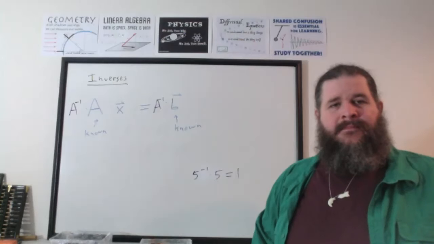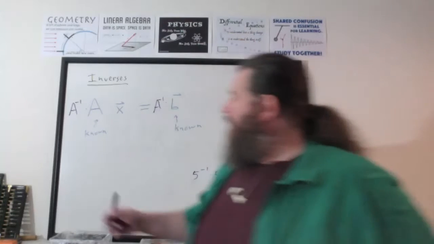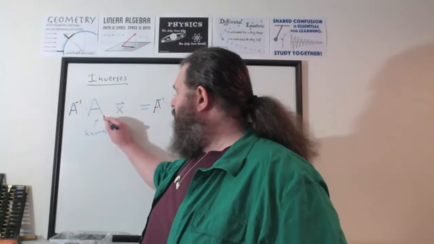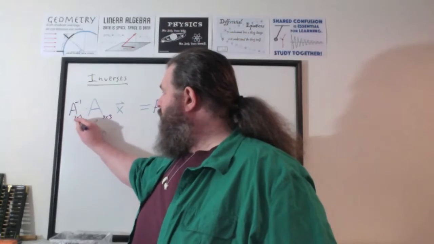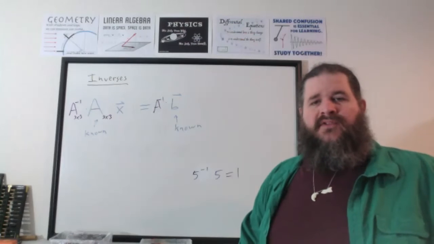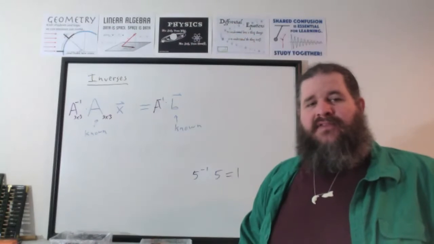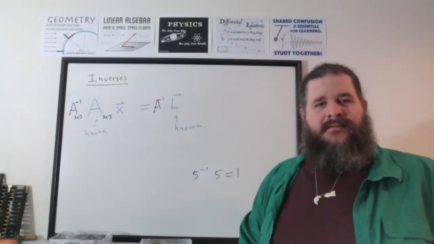Always is also 1. It would be 1 if they were numbers. But if these are matrices, like let's say A is a 3x3 matrix, A inverse is also going to be a 3x3 matrix. So when we multiply, we're going to get another 3x3 matrix. So instead of the number 1, we're going to get a matrix that acts like the number 1, which is also known as what? Identity.